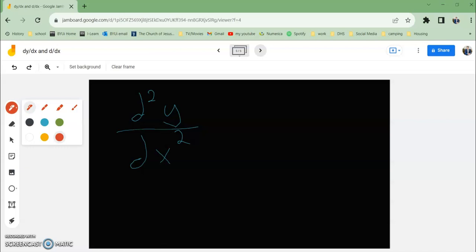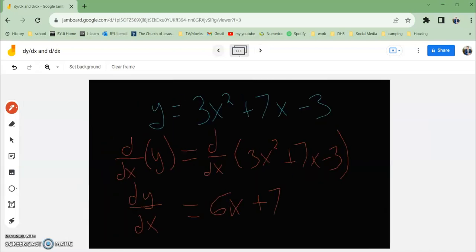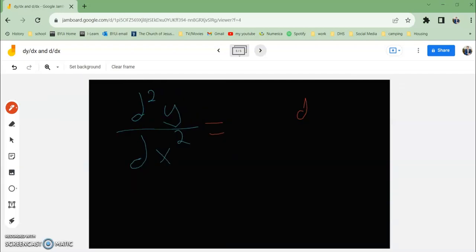If you remember from the previous slide, we saw this thing right here. When we take the derivative with respect to x of y, that's going to be dy/dx. Oh, but if we take it again with that whole thing, d/dx, that should be the second derivative.